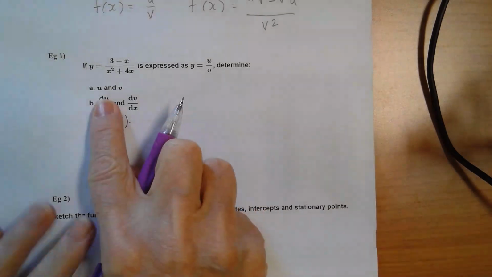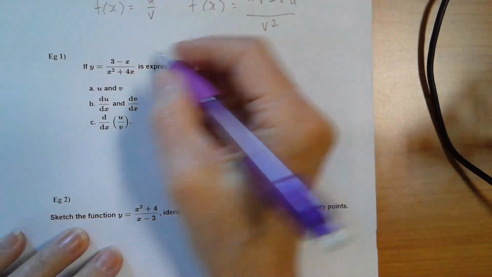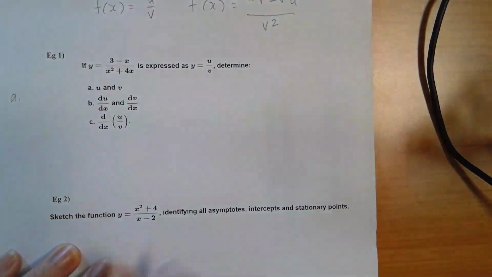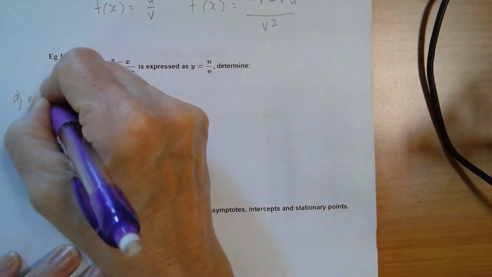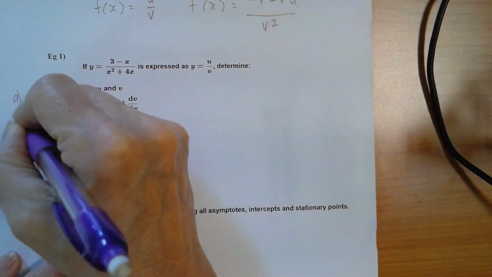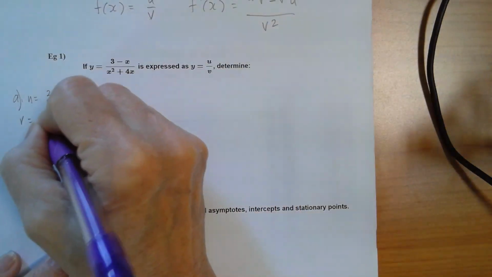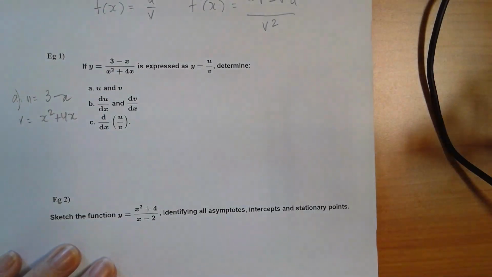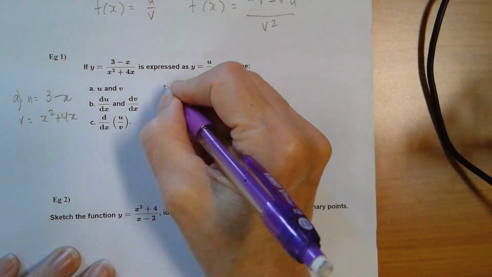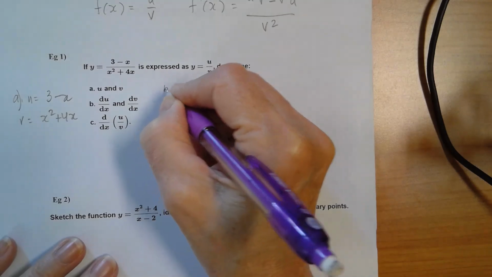So this one, A, I'm going to write it over here. A says, what are u and v? Well, u is the top, so it's 3 minus x, and v is the bottom, so it's x squared plus 4x. Now I'm going to work over here because there's more room. For b, it says, what are the derivatives?